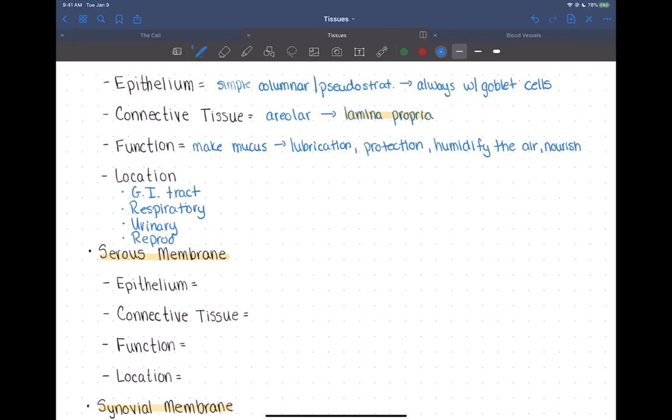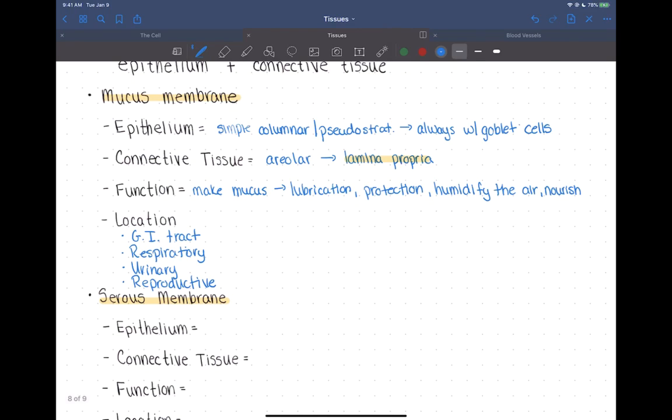That's in both males and females, so it would nourish developing sperm as well as the egg. So these are found in lots of places with a variety of different functions. All right, so that's our mucous membrane.